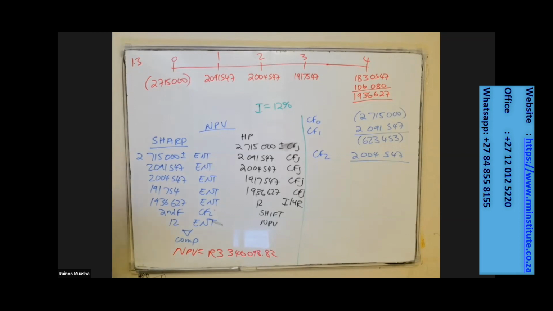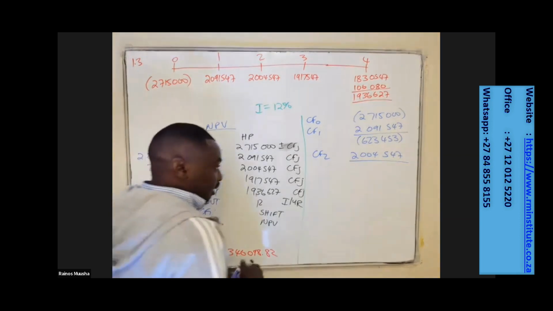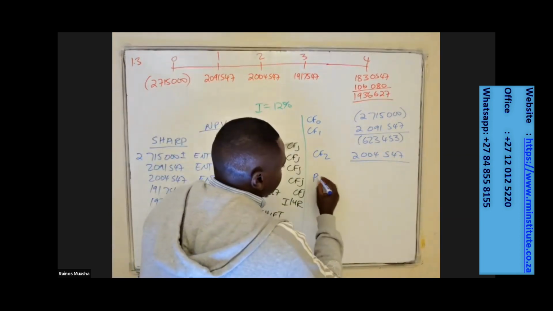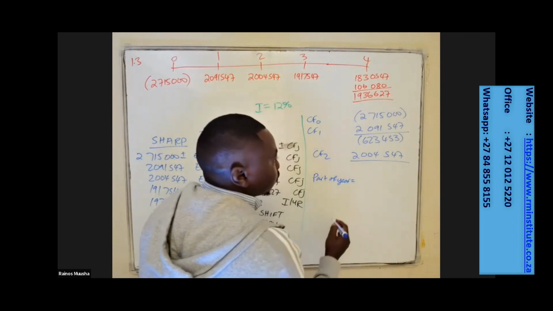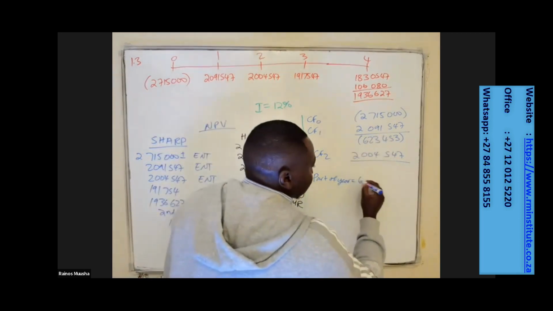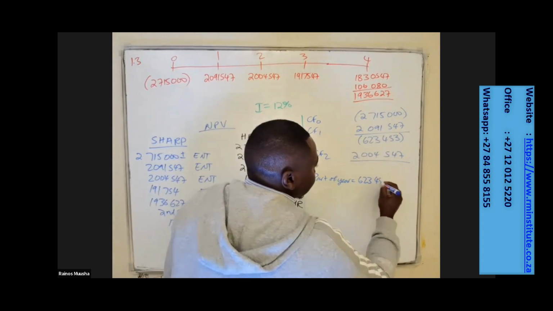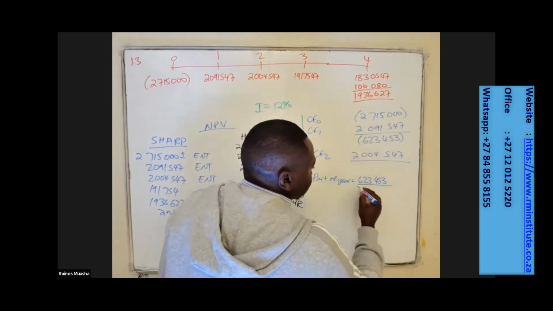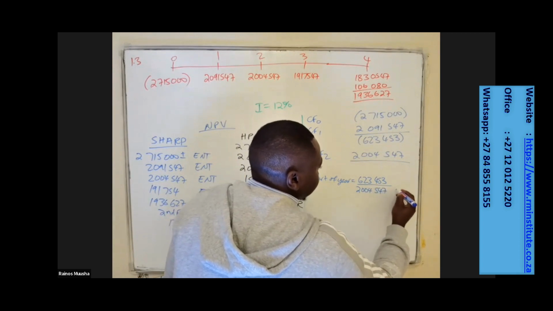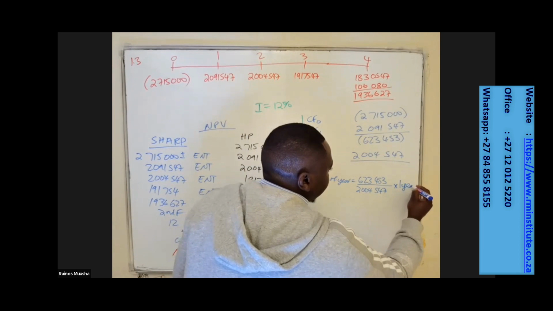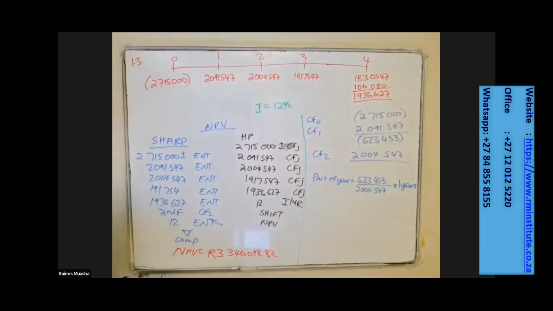So the part of the year it's going to take us to recover the money is going to be, we needed 623,453, we generated 2,004,547. Now, if you multiply that by 1 year, if you want your answers to be in years, this would give you the payback period as well.